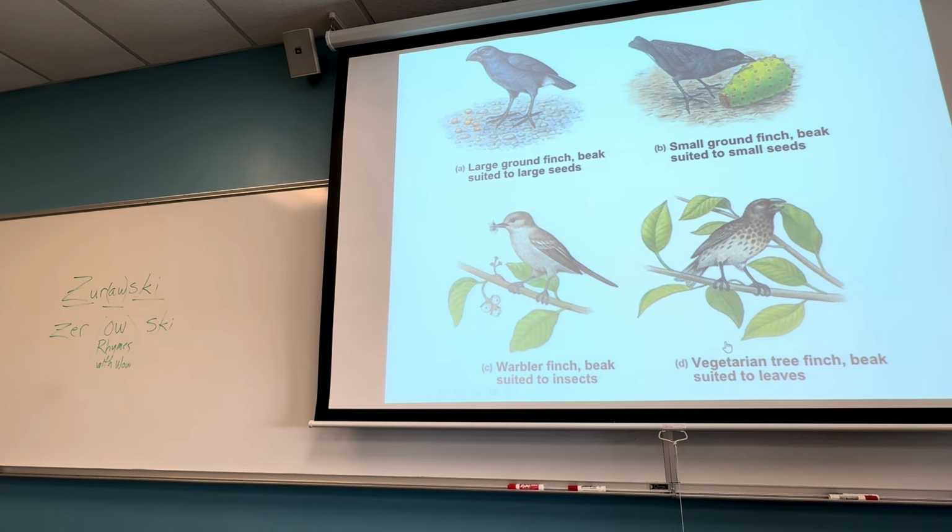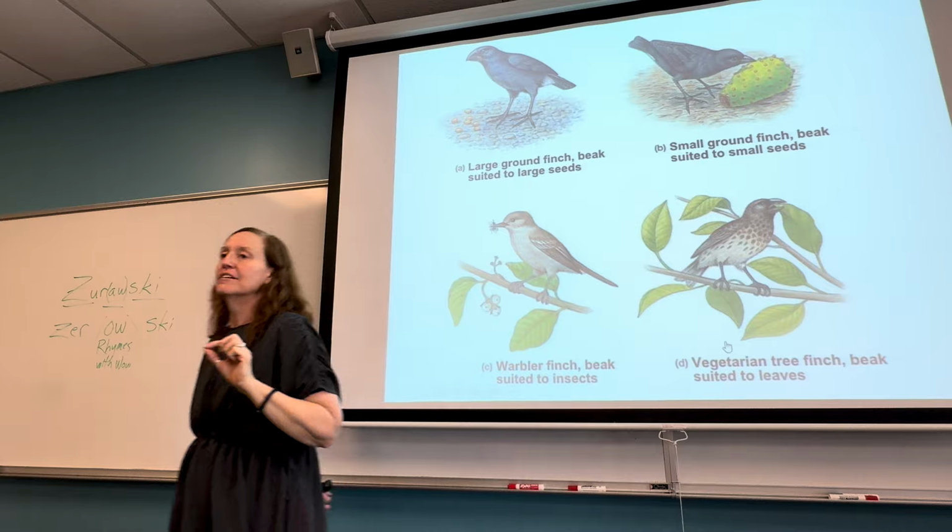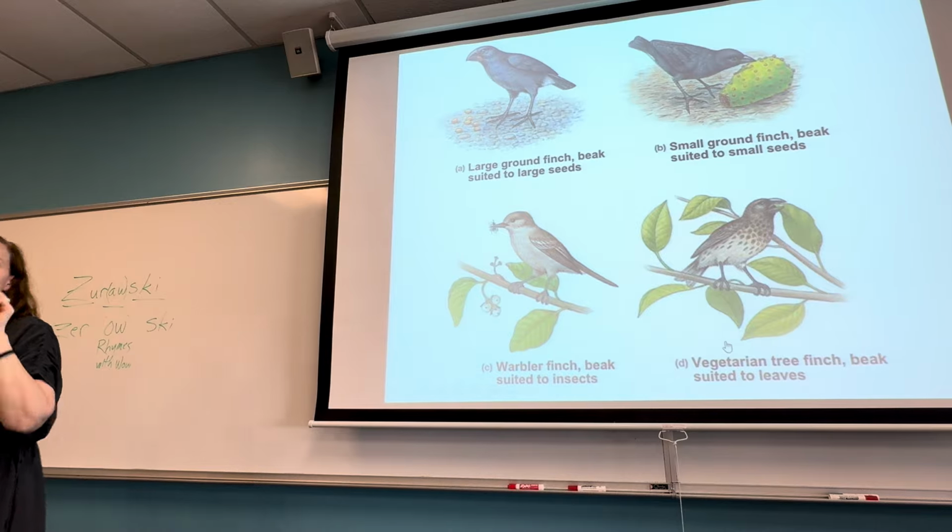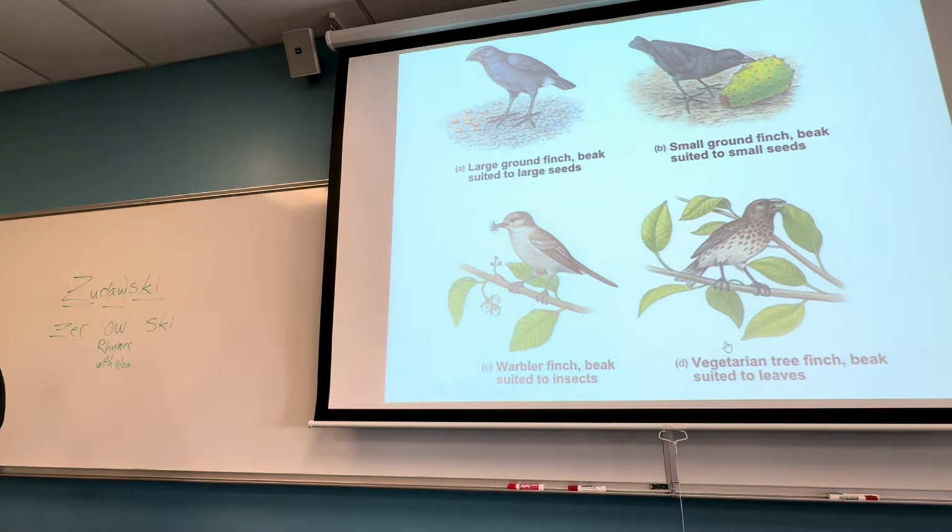So for example, if he looked at 4 different islands, and on this island there were large seeds, what he noticed about the finches on that island was they had really big, thick beaks for crushing through those big seeds. And on islands that had a certain kind of cactus plant, they had very pointy beaks so they could pick between the spines of the cactus and still get some of the food that is available on the cactus without getting stuck by the spines.